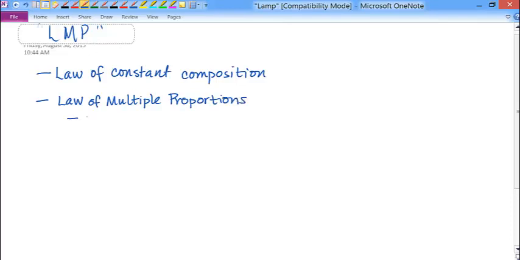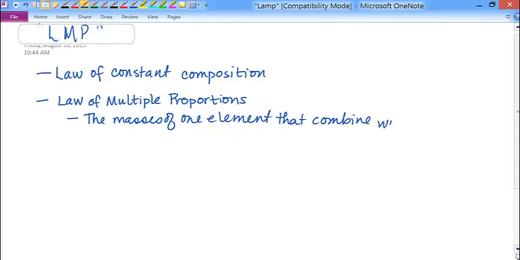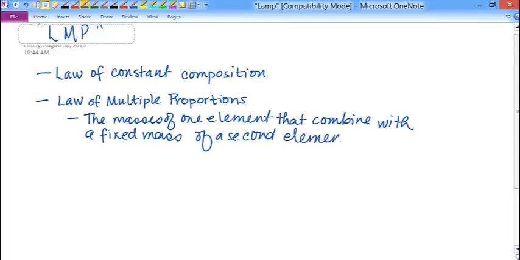Now I'm going to write down basically the definition of the law of multiple proportions, which is this: the masses of one element that combine with a fixed mass of a second element are in a ratio of small whole numbers.